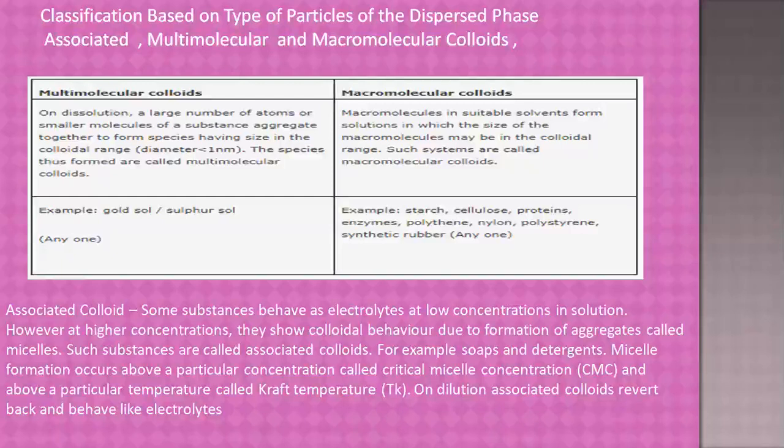Micelle formation occurs at a particular concentration that is known as the critical micelle concentration. The critical micelle concentration means the concentration above which the associated colloid is formed. And the critical temperature is the temperature above which the colloidal sol is formed, which is also known as the Kraft temperature.